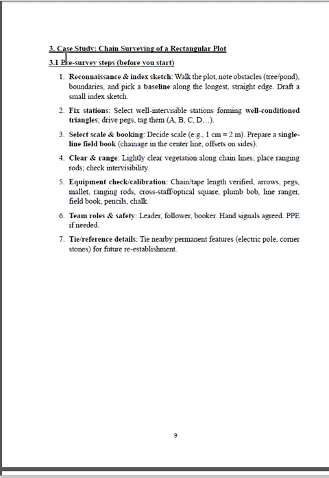Now we are going to see the pre-survey steps before you start the preparations. There are totally 7 points. First, reconnaissance and index sketch. Walk the path, note obstacles, pond boundary, and pick a baseline along the longest straight edge.